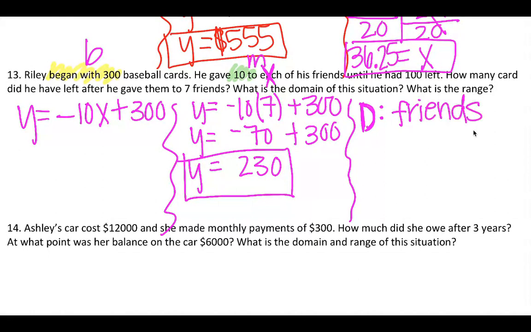I could give cards away to 0 friends, or I could give cards away to 30 friends. It doesn't matter. That's your domain. That's your independent variable. Your range is your number of cards, right? Because your range is your dependent variable, and it depends on how many friends we give it away to. So that's the domain, and that's the range.